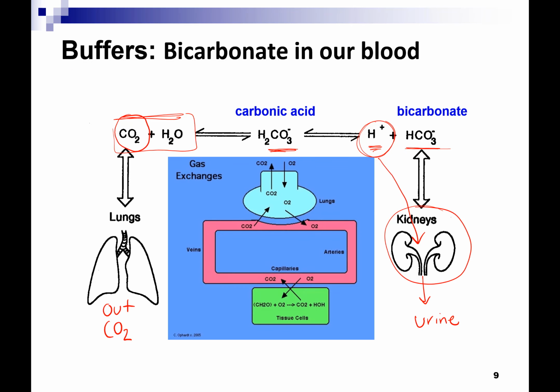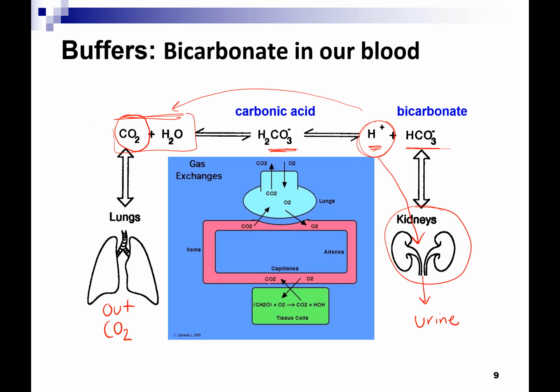But your urine is the way the kidneys excrete extra acid. Your lungs are the way we also help get rid of extra acid, by releasing CO2 into the air. So this is a system. In the blue, it's showing you the same kind of thing. Here's your capillaries.